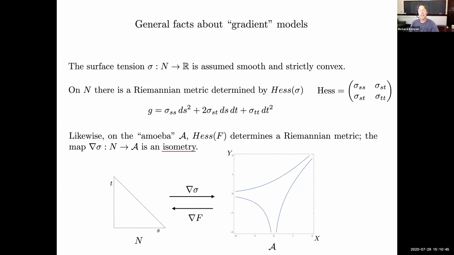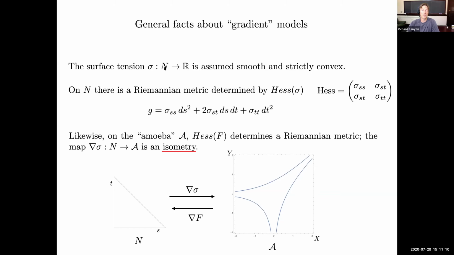All right, let me just say one or two more slides and then we'll stop, because apparently I don't have a good stopping point here. But there are gradient models. What is a gradient model? It's a variational principle where the surface tension only depends on the gradient. So there's a surface tension sigma, which is defined on some region N in the plane.